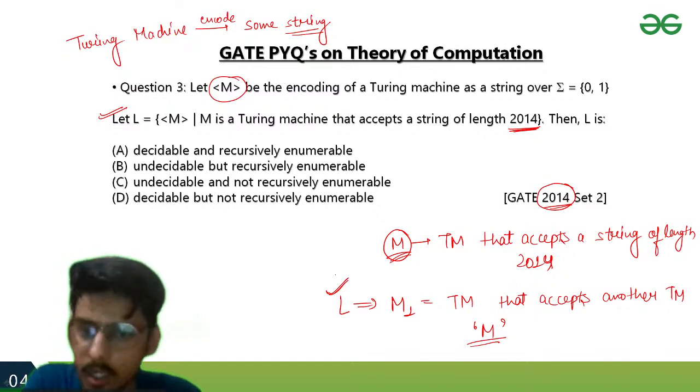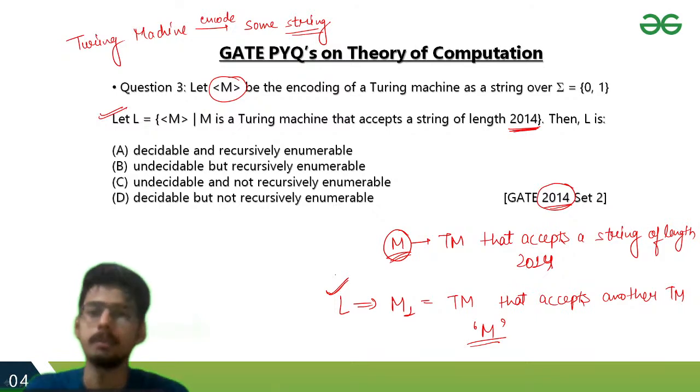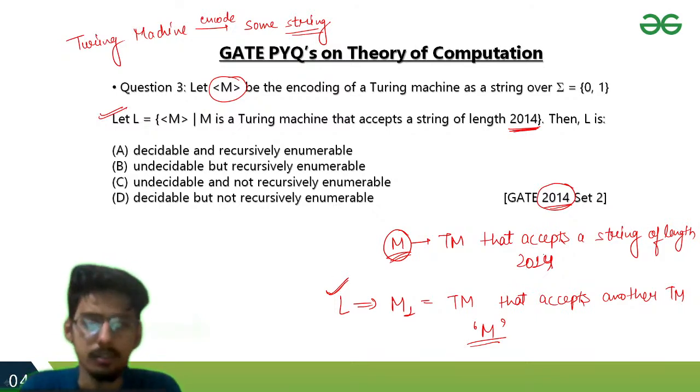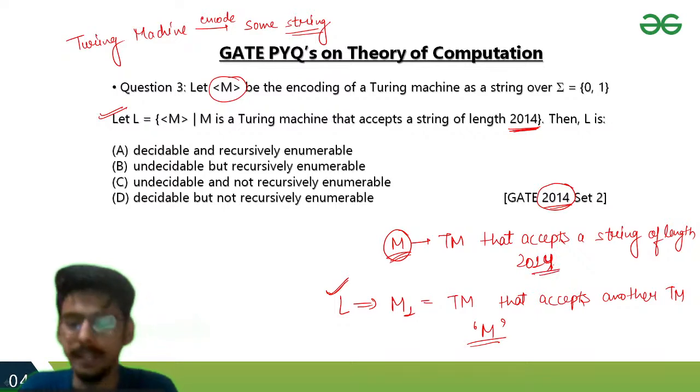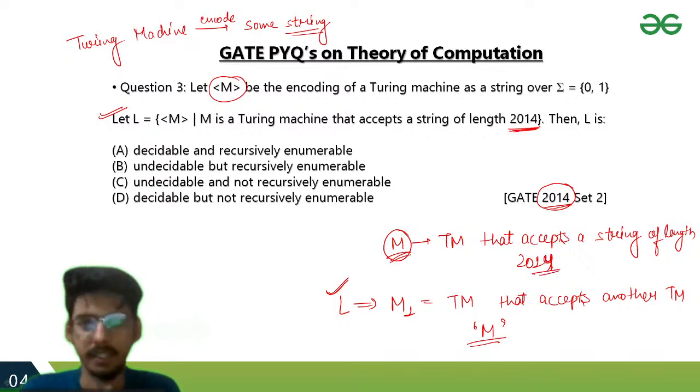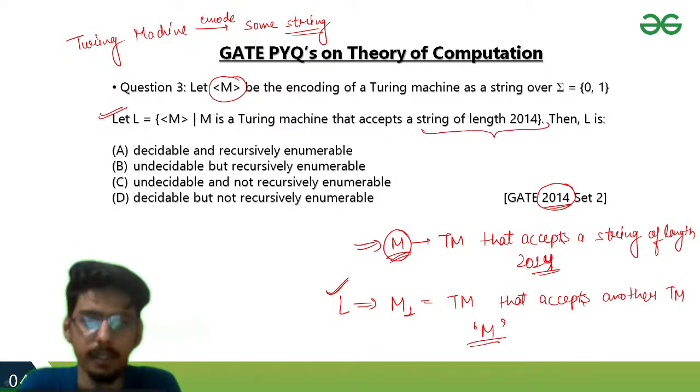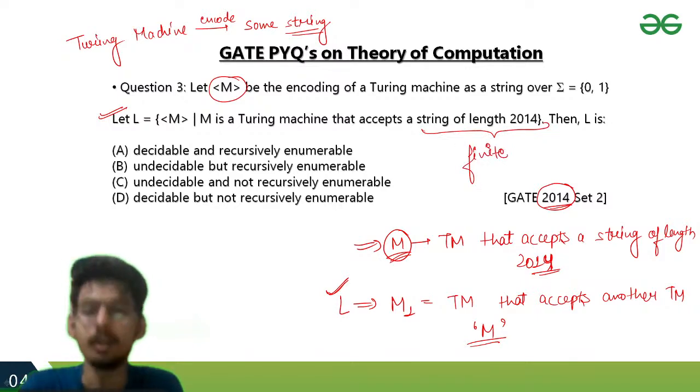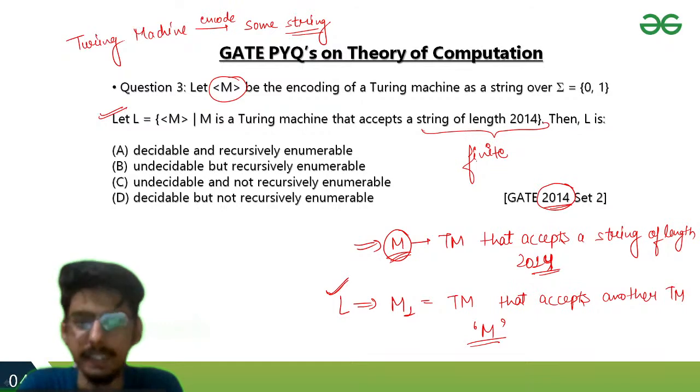We have to check that. Now, one thing to keep in mind is that strings of length 2014 are finite. The number of strings of length 2014 is finite, so I will give all those strings as input to this Turing machine M.